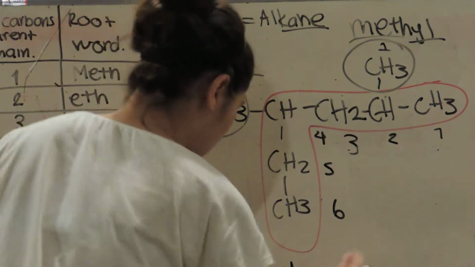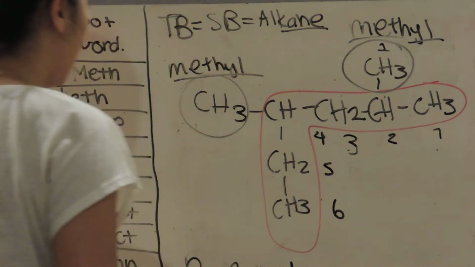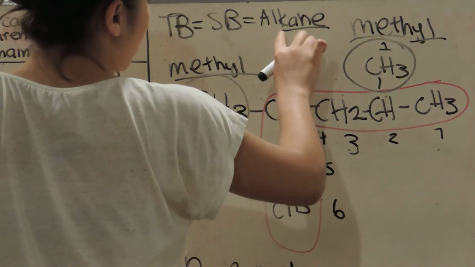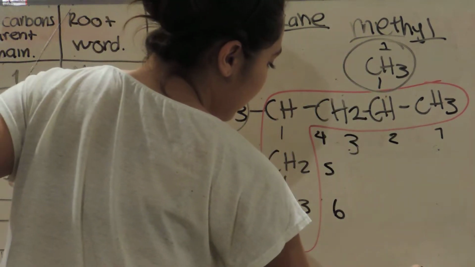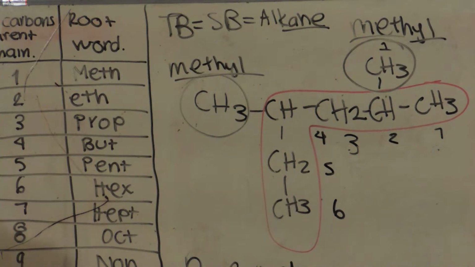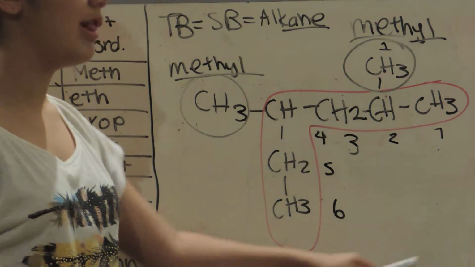Hex. So we use dimethyl, hex, and so we can know that it's an alkane, we use the termination "ane", hexane. So our result is 2, 4 dimethylhexane.